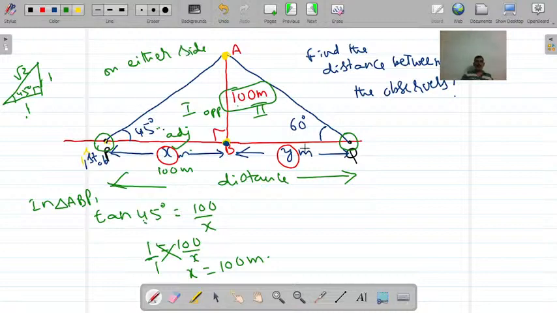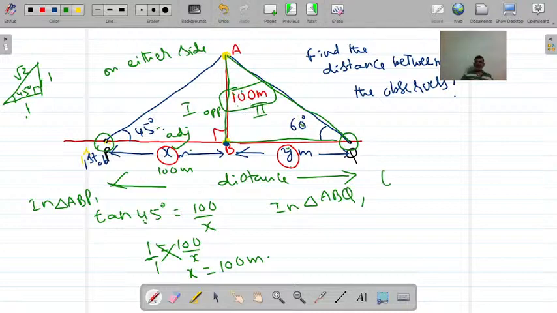Now again you consider this second triangle ABQ. In this triangle, again the angle is given, this is known and this is unknown. Again in terms of this angle, this is opposite and this is adjacent. So what is the trigonometric ratio we can use? Tan.